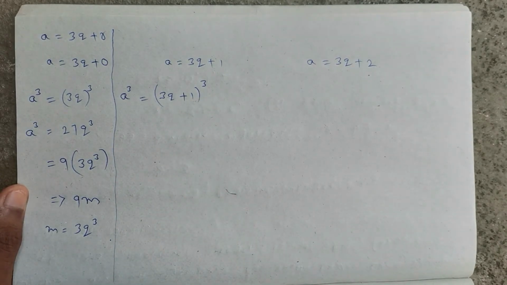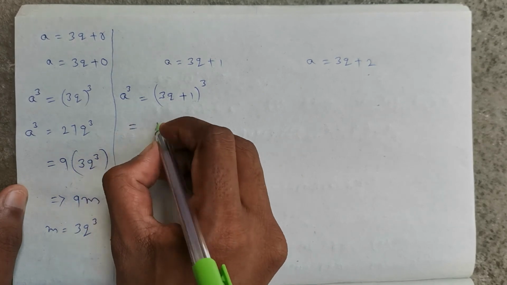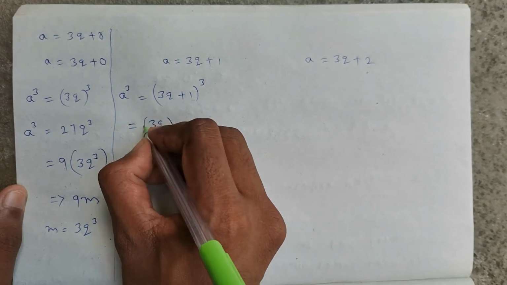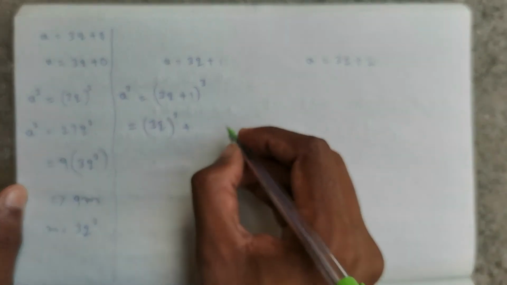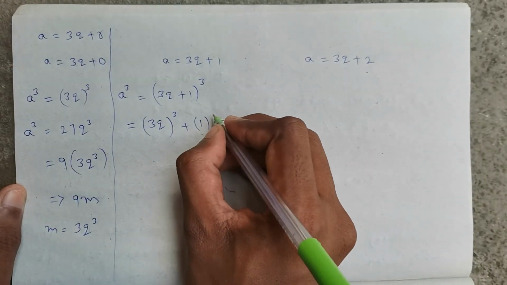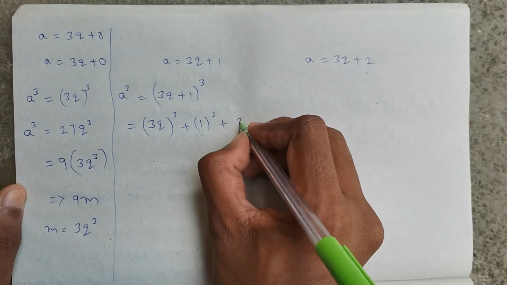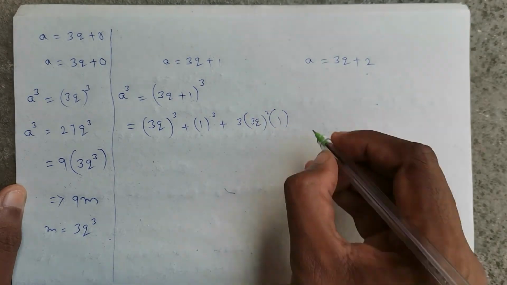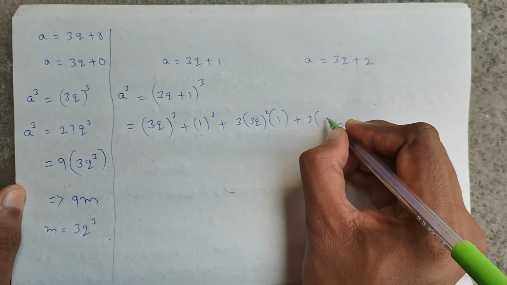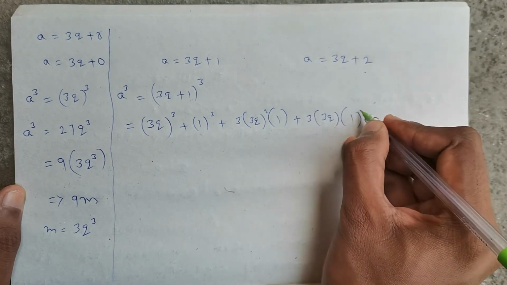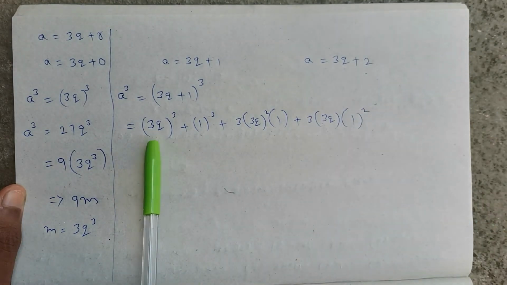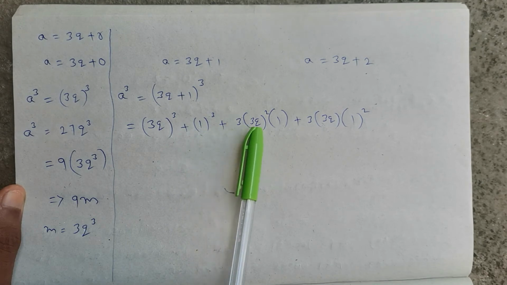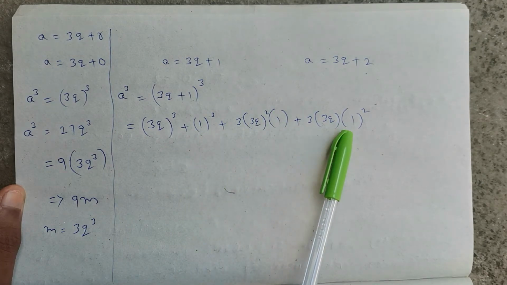The (a plus b) whole cube formula: (a plus b) whole cube is nothing but a cube plus b cube plus 3a square b plus 3ab square.